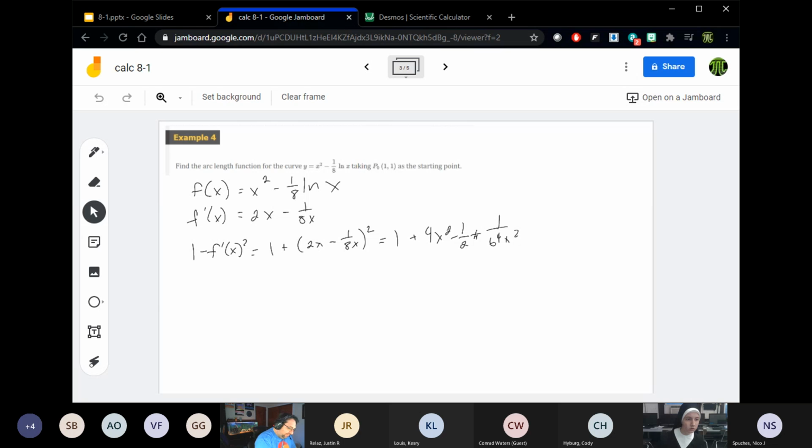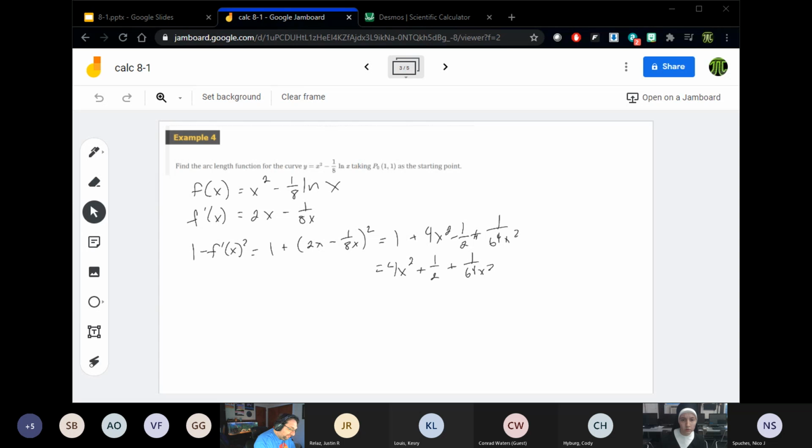Now, if we combine some of this and rearrange it a little bit, we get 4x squared plus 1/2 plus 1 over 64x squared. We're going to have to take the square root of this. If I can factor this so that it comes out to be something squared, it's going to make my life a lot easier, and this one you actually can.